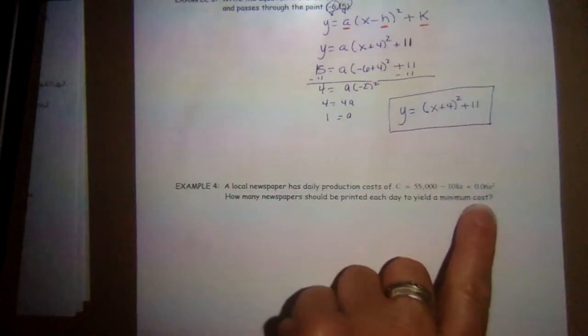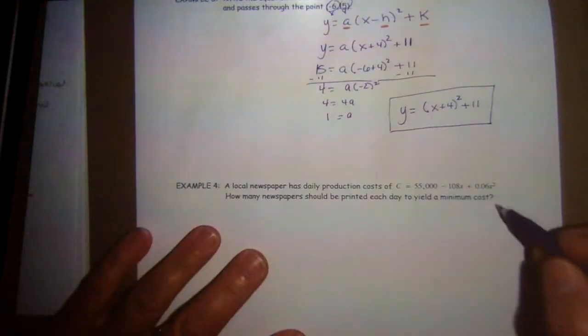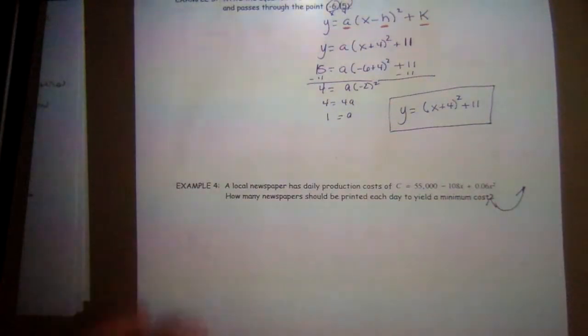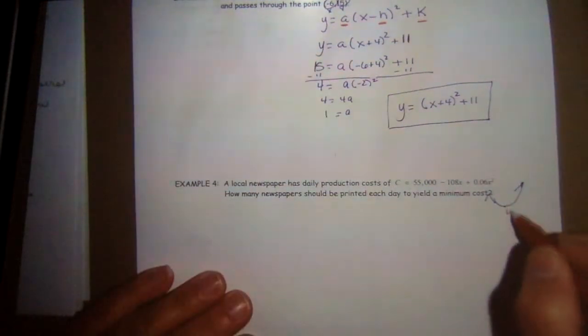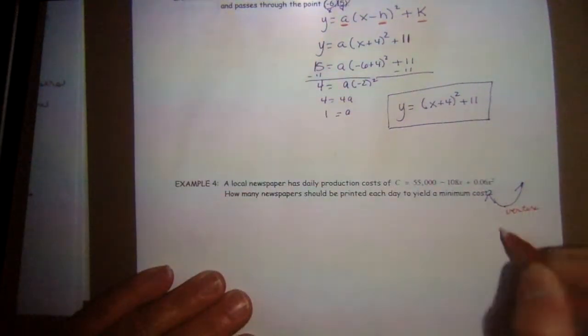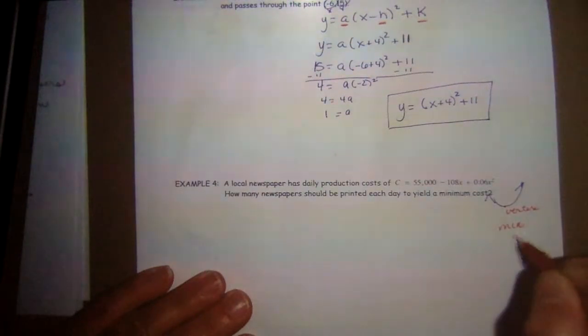Because the x squared is positive, it opens upward. So where's the minimum going to be? It's going to be here at your vertex. And the minimum is going to be the y value.